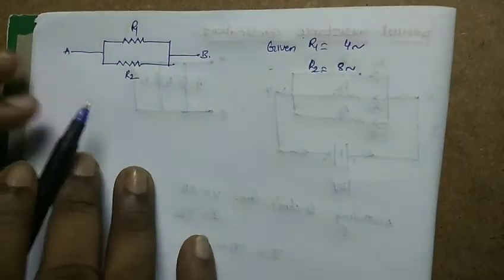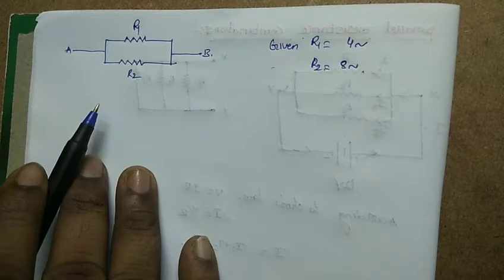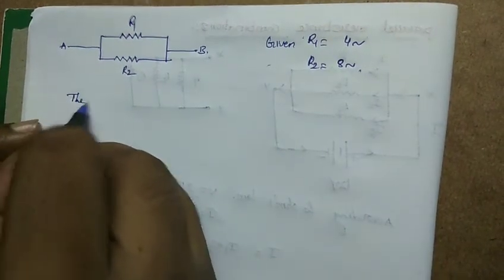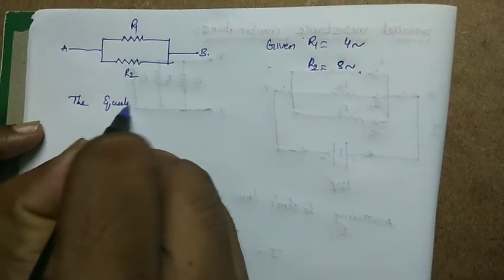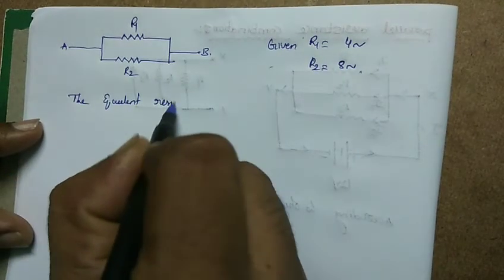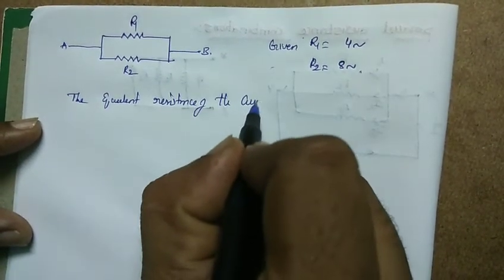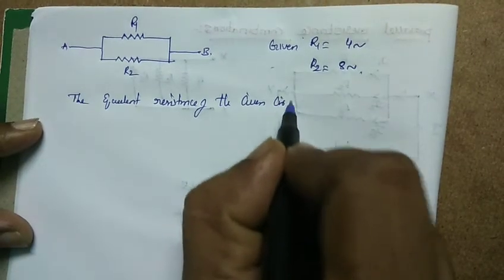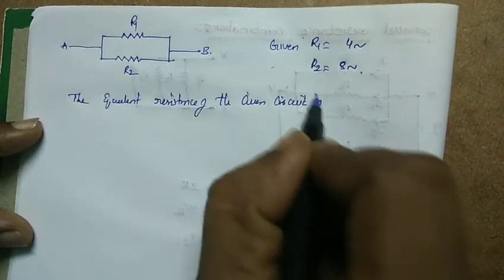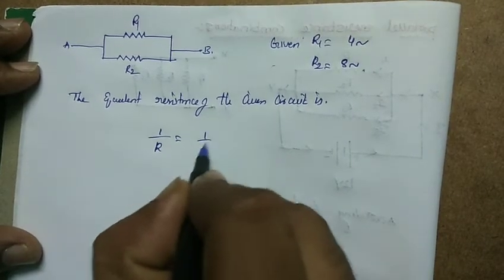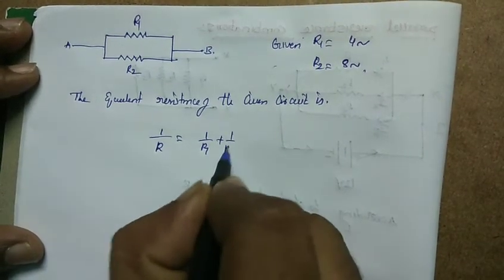So how do we solve this? What is the equivalent resistance for this circuit? The equivalent resistance of the given circuit is: 1 by R equals 1 by R1 plus 1 by R2.